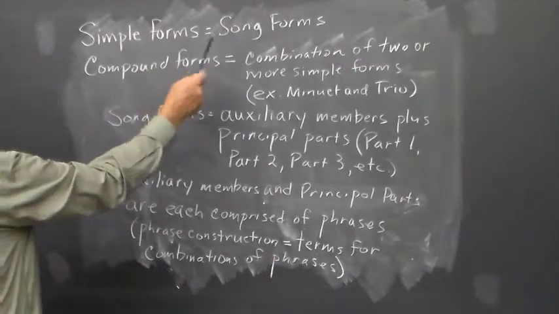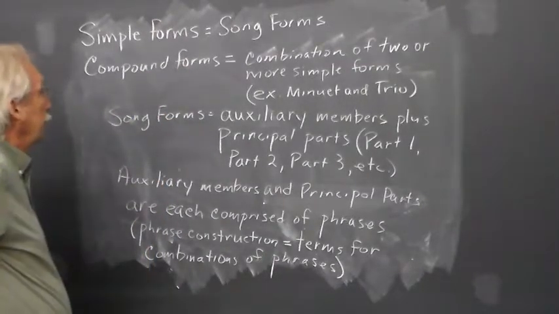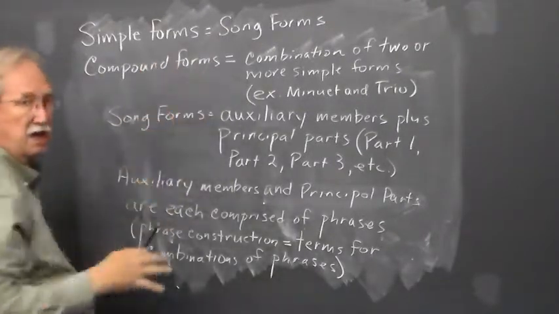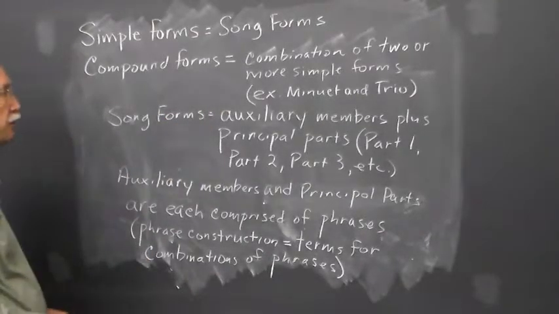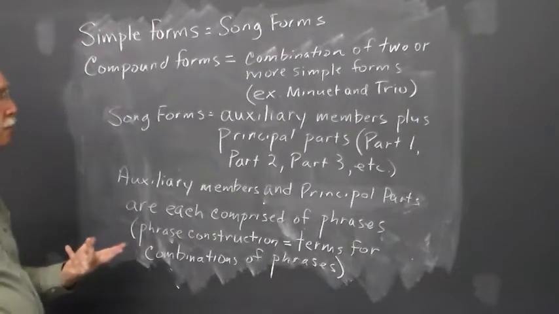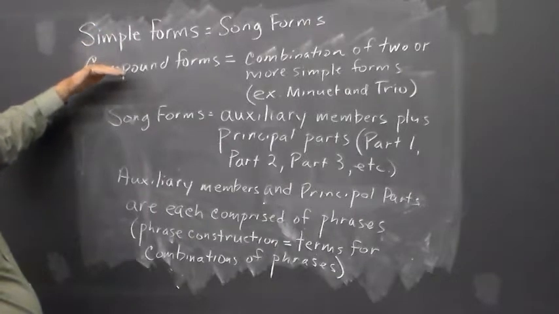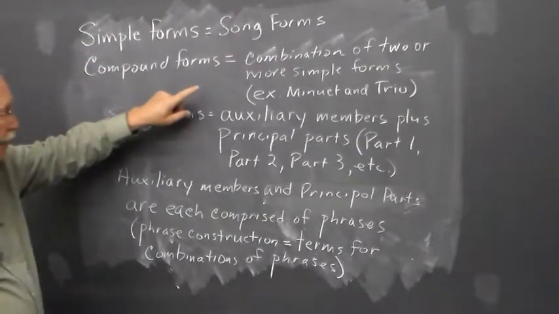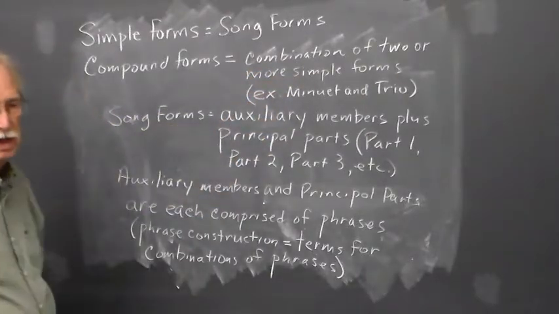All right. Now, what I'd like to do next is to talk about these basic concepts of simple forms and compound forms. So, I mentioned earlier that simple forms are synonymous with song forms. And so, we are going to be looking at song forms when we get to chapter 7, but that then is used within the context of compound forms, which is defined as the combination of two or more simple forms.